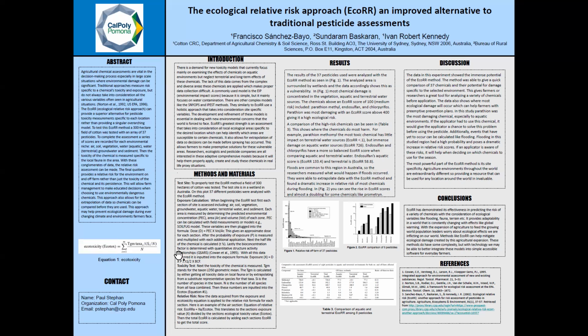After you've obtained the dose, you have to find another piece of data, which is the probability of exposure. After that, you find the half-life. Lastly, the concentration factor is also determined with a model called the quantitative structure-activity relationships.